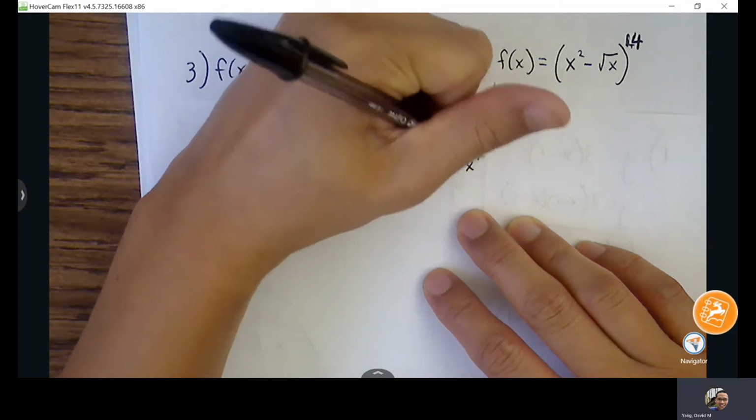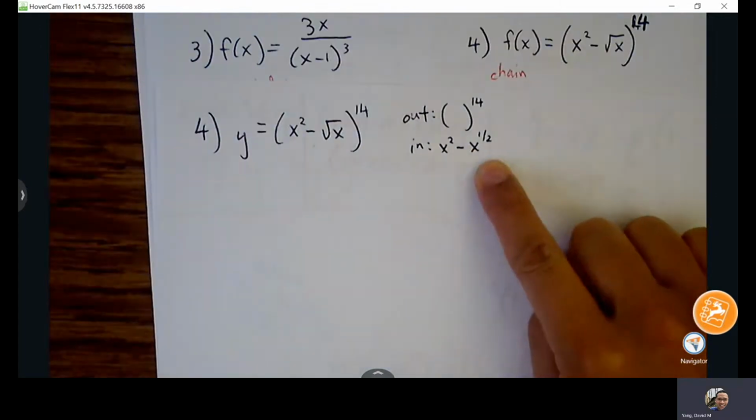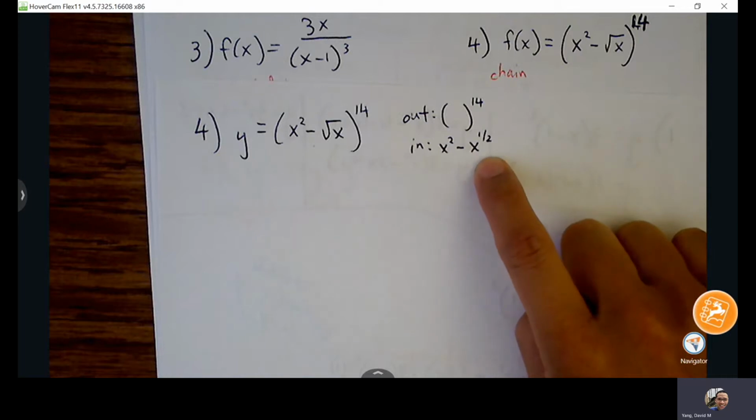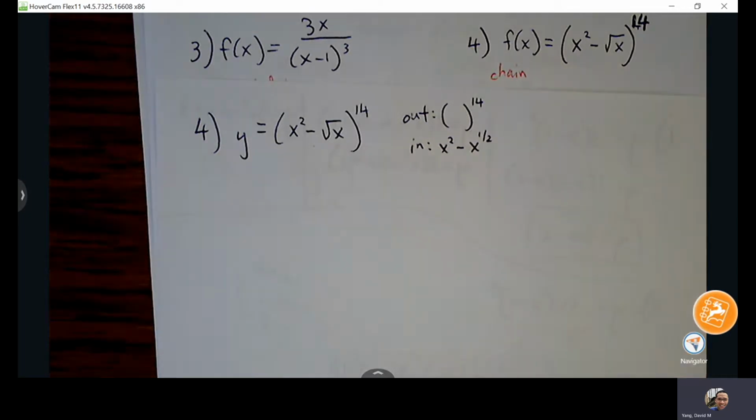I'm going to do a little bit of cleanup here. I'm going to make that x to the 1/2 to get it ready for my next step, which is power rule, or power rule for the inside function.